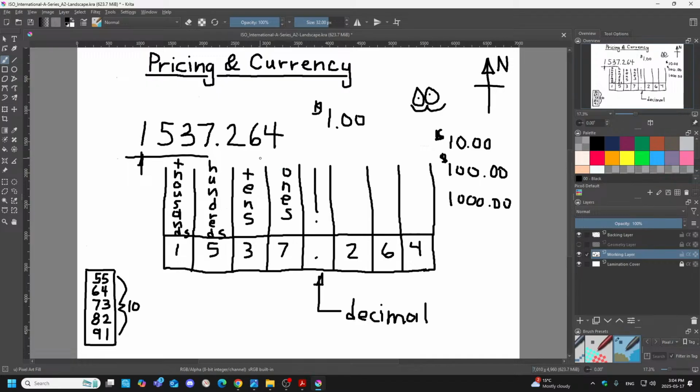Okay, now let's go to the right of the decimal. Just remember, on the right of the decimal, we don't say ones. As a matter of fact, it wouldn't be the ones because the ones place is where the 1 is, right?